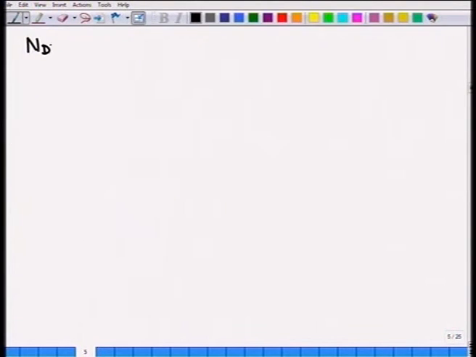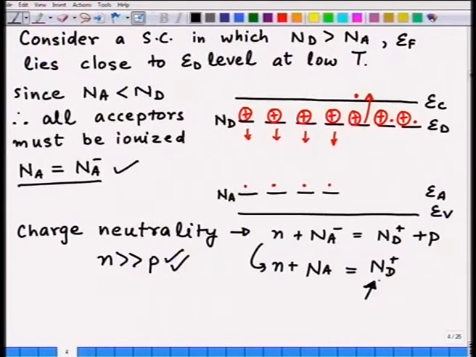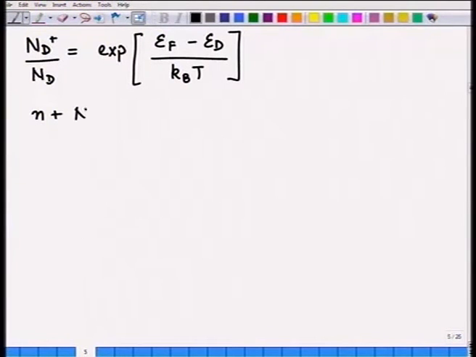What is Nd plus by Nd? You will recall, it is e to the power Ef minus Ed by kBT. So I will substitute this in here, and therefore N plus Na should become equal to Nd times... sorry, I made a mistake in this expression right here.